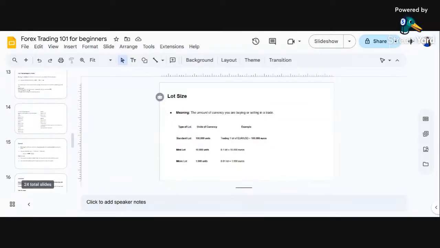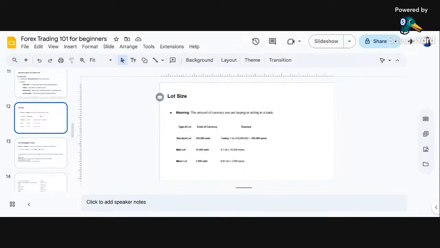And now we're going to lot size. Lot size is the amount of currency you are buying or selling in a trade, right? I'm sure you have heard that in forex trading, I can take the same trade as you, but I can make more money than you, and the reason is that I'm using a higher lot size and you are using a smaller lot size.